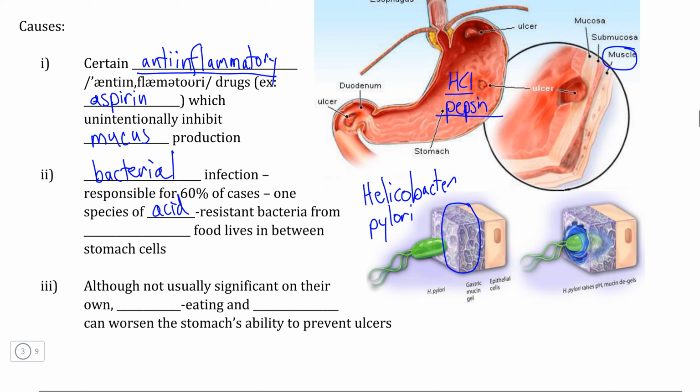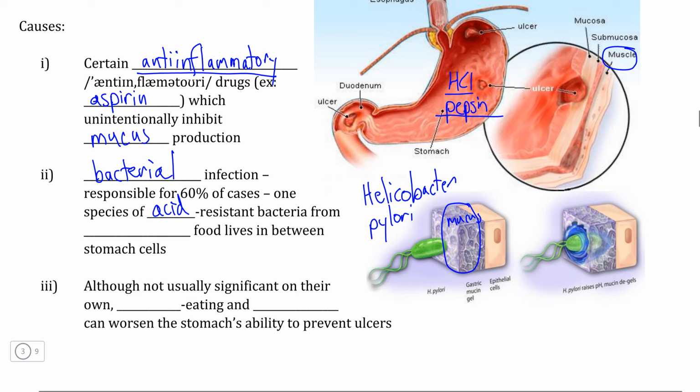And once it makes it to the walls of the stomach, it actually releases enzymes that are able to cut through the mucus layer, where it burrows into the wall of your stomach, reproduces, eventually killing a large number of cells in the wall of your stomach, thereby producing an ulcer.